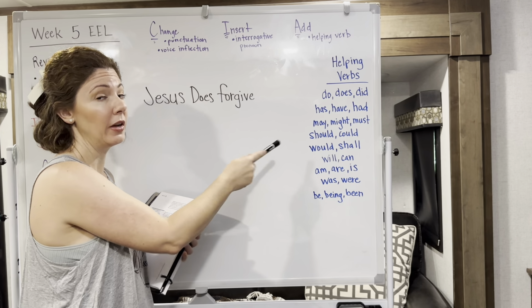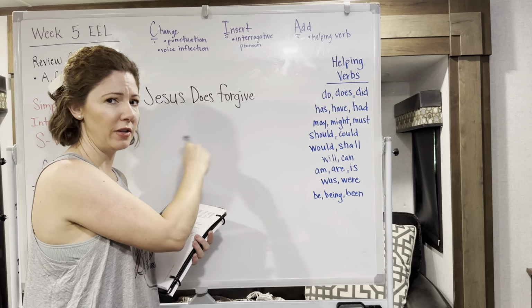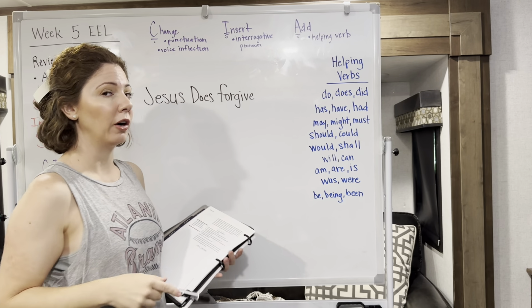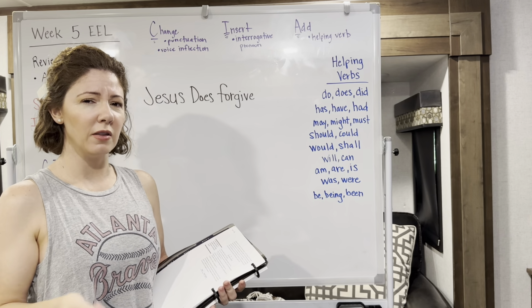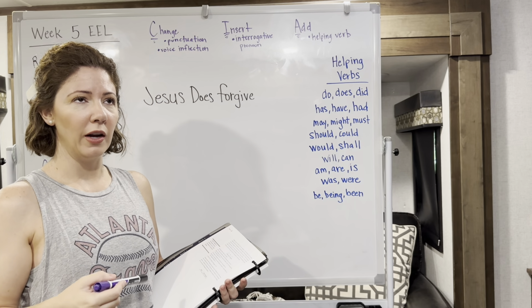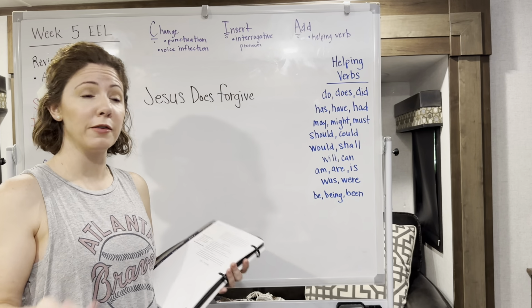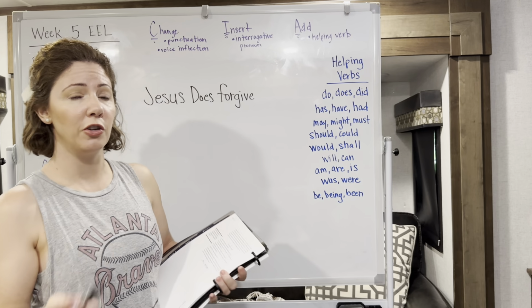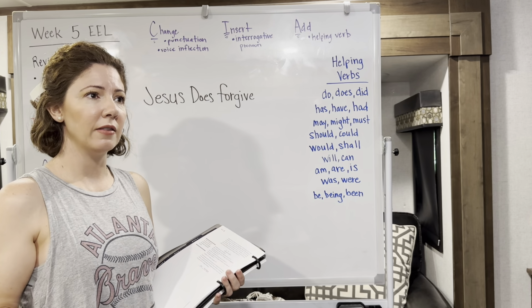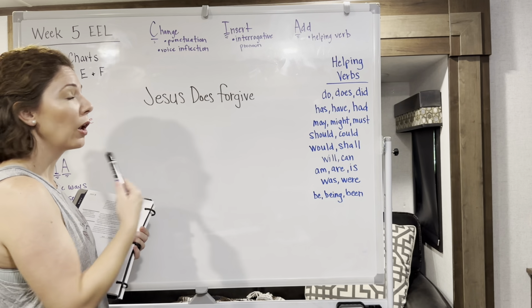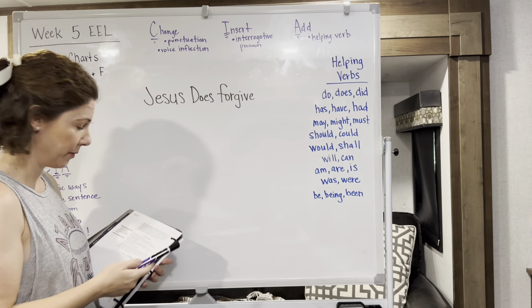Jesus does forgive. Now we just have a declarative sentence. So for diagramming, rearranging, bringing our helping verb to our verb, and making it a declarative purpose is going to make it easier for us to diagram. And just knowing how to bring our sentences from each purpose to another purpose is an important part of our language. And so we're going to look at diagramming our sentence.